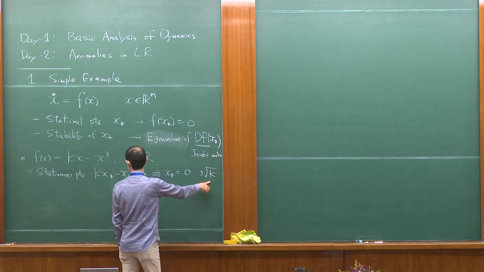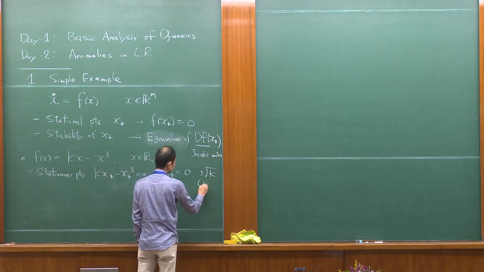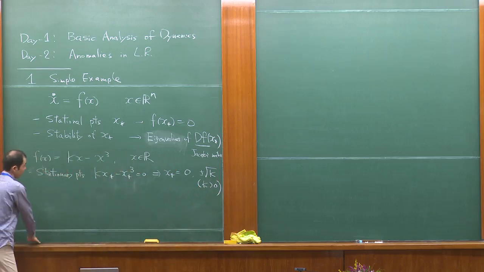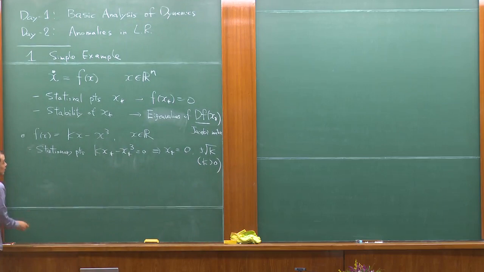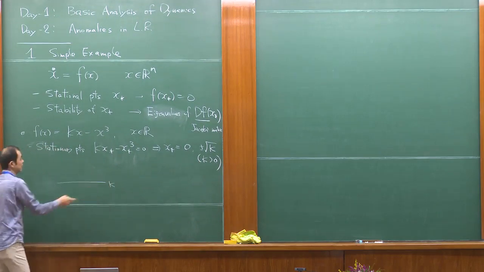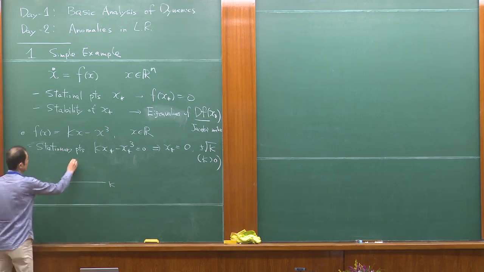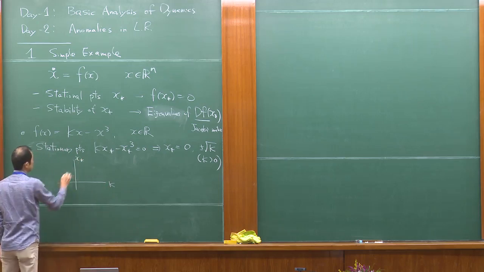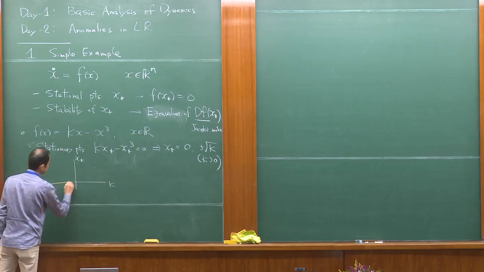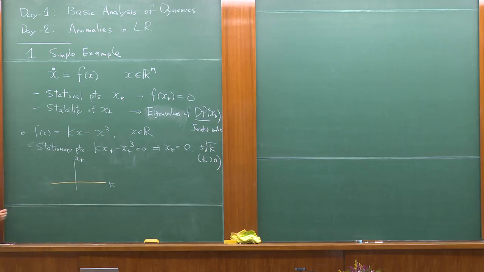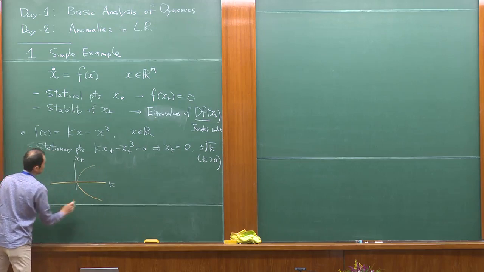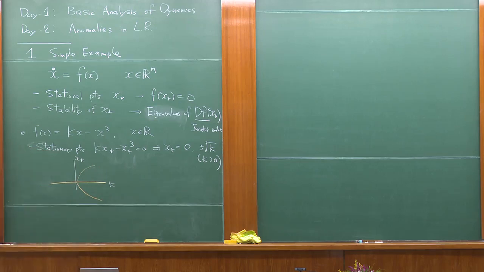But this solution exists only for k positive. So now I can write down a phase diagram, with k on the horizontal axis and x star on the vertical axis. And we have x star equals 0 as the stationary point and other branches of square root of k.